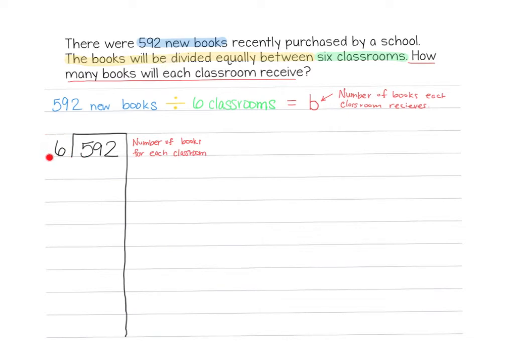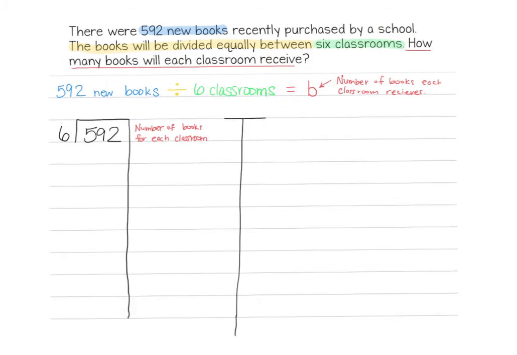Now, how many times can 59 go into 6? Go ahead and make your T-chart, and we will be counting by 6s because that's what we're dividing by. So 1, 2, 3, 4 groups, 5 groups, 6 groups of 6, 7, 8, 9, 10 groups of 6. Now it's your turn. Go ahead and skip count by 6s.